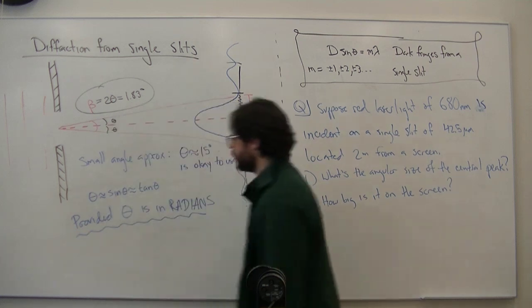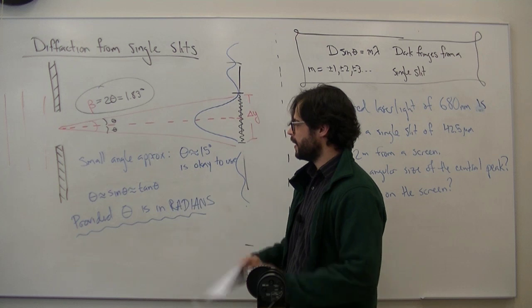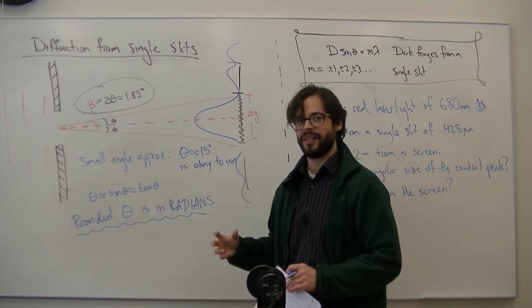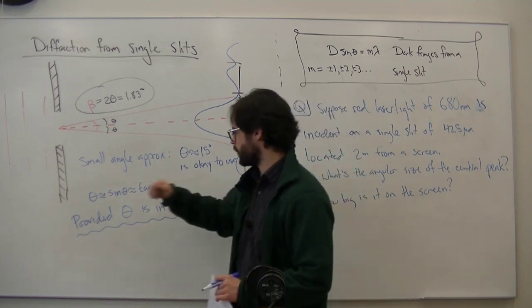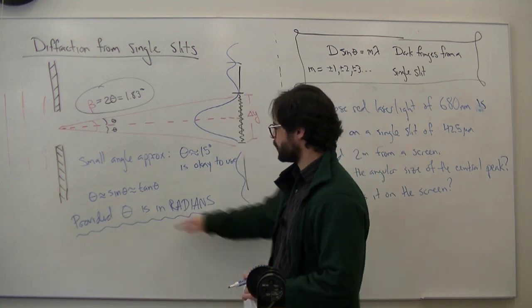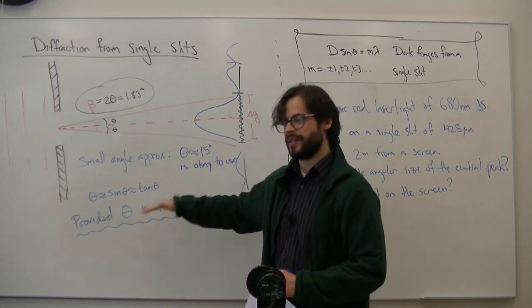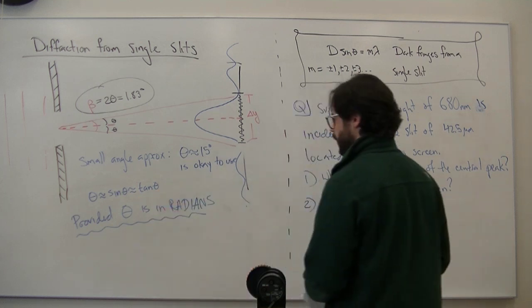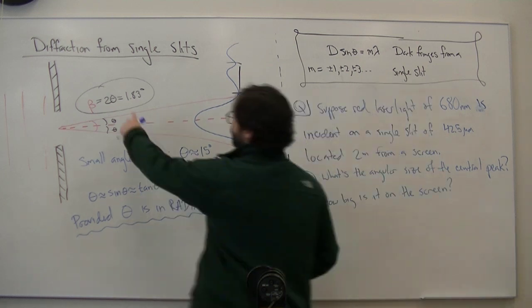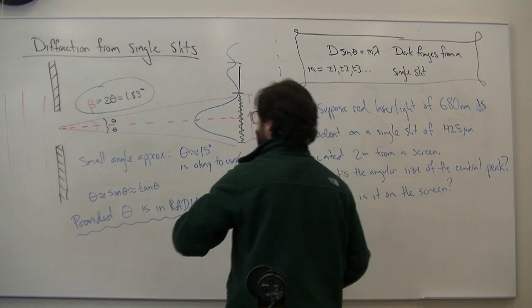Radians are the natural unit for things that show up inside sine and tangent as mathematical functions, right? And so this is because it depends on power series expansion or Taylor's theorem. This is really a mathematical property of these. So you can't do this in degrees. Absolutely doesn't work in degrees. This is radians only. So what we have to do is change this and turn it into radians instead.